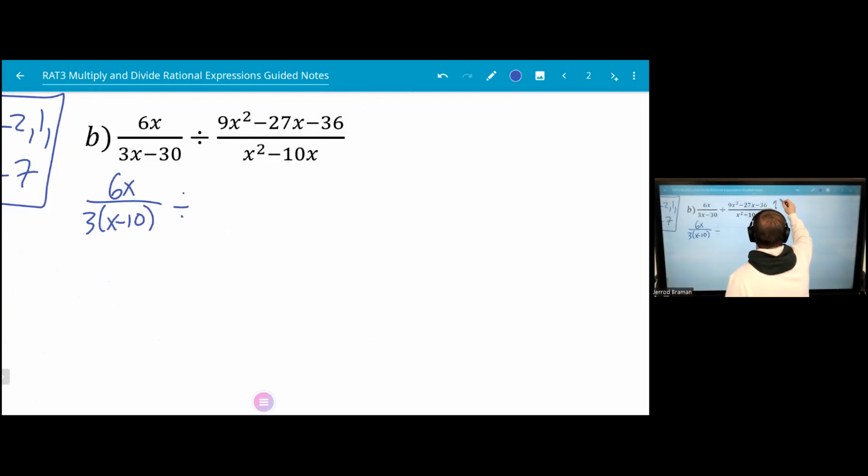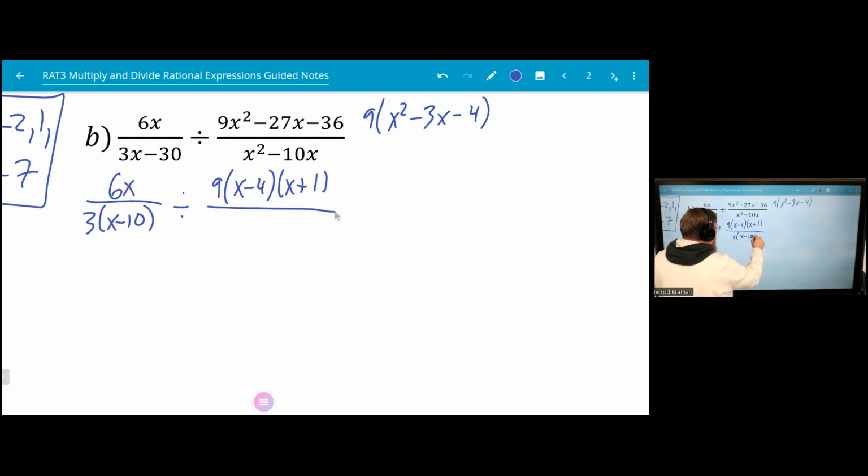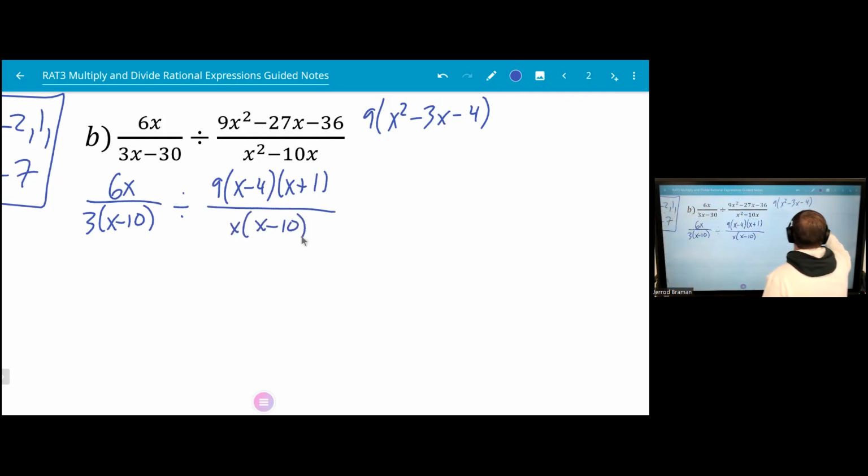There's a GCF going on in here. 9 times x squared minus 3x minus 4. What multiplies to -4 but adds to negative 3? Okay. 9 times x minus 4 times x plus 1. That's my numerator now that I've made. Divided by, well, I've got x times x minus 10. That was my GCF, one of those GCFs in there.